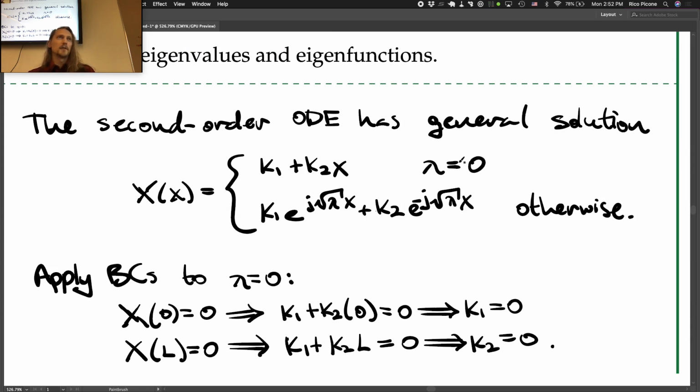If you have a repeated root, so it's a second order ODE, right? So it's going to have two roots of the characteristic equation. And if you have that case where they're repeated roots, that's when lambda equals 0, you'll get this solution. And then otherwise, you have this solution here.